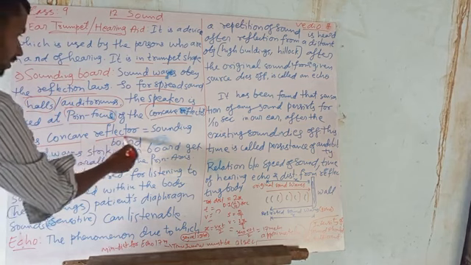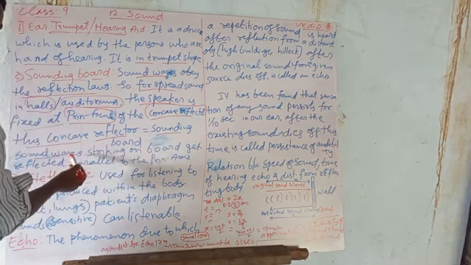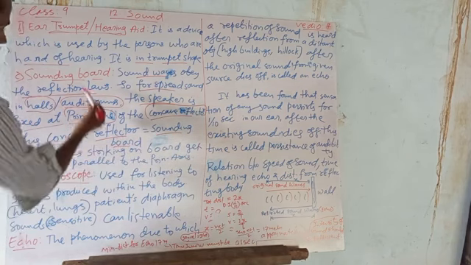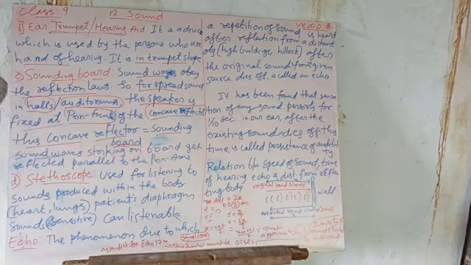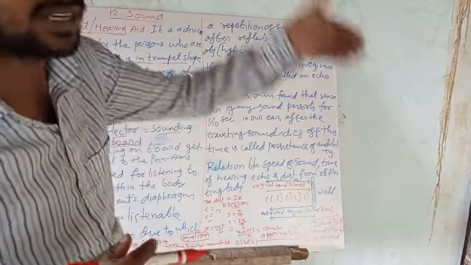This concave reflector is nothing but the sounding board. Simple. If you want to see a concave reflector shape, go to any marriage and look at the inner side. It is like a concave shape.